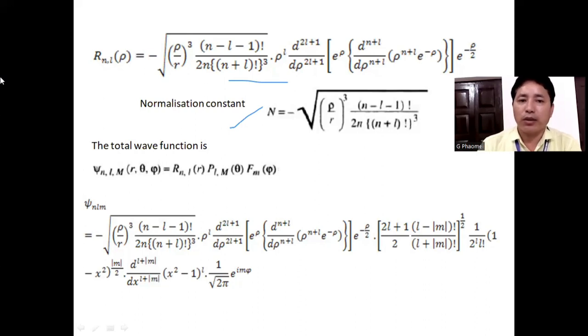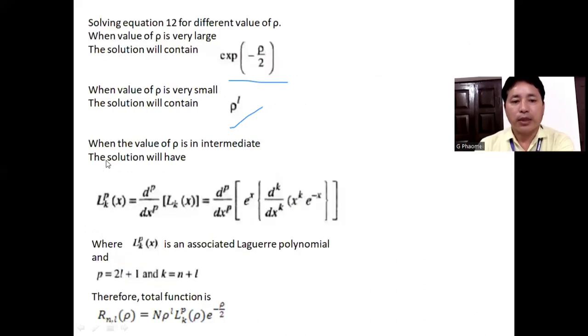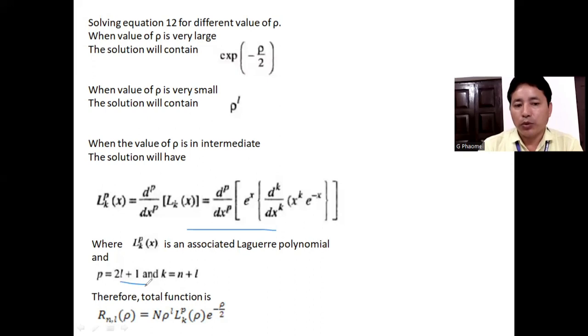That equation is called the Laguerre equation, and that equation will give a solution which is called Laguerre polynomials. So that Laguerre polynomial is given as the solution as given here, where p and k can be written as 2l plus 1 and k is equal to n plus l.